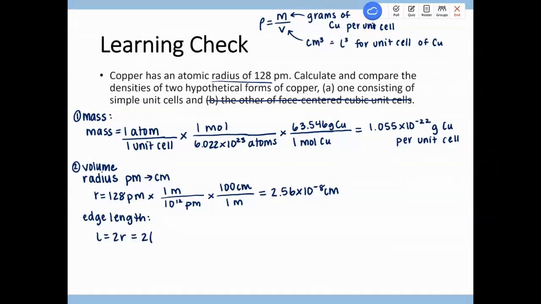So this is 2 times our value for radius. Oops, I wrote that down wrong, sorry. The radius is not 2.56. It is 1.28 times 10 to the negative 8. Then 2 times the radius is 2.56.